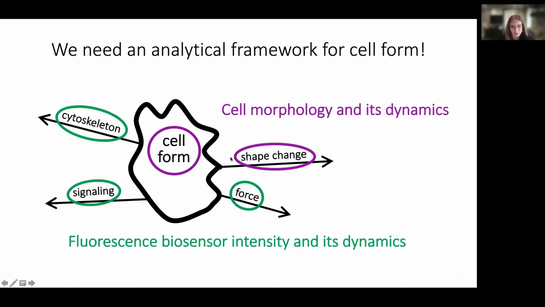Biosensors for cell form are still somewhat preliminary. They tend not to have very large dynamic range, but they do exist. And so we want a system that relates fluorescence biosensor activity and its dynamics to cell morphology and its dynamics.